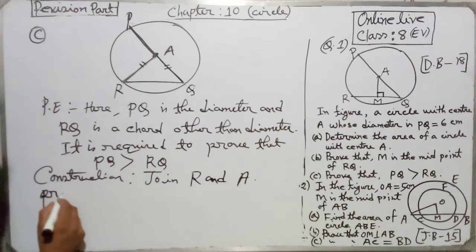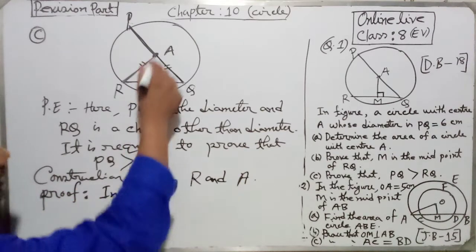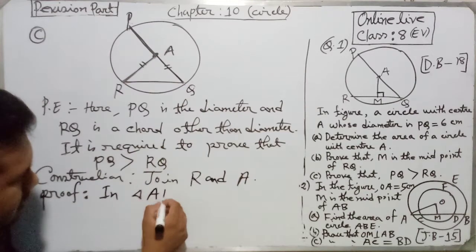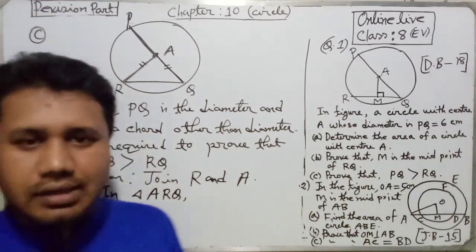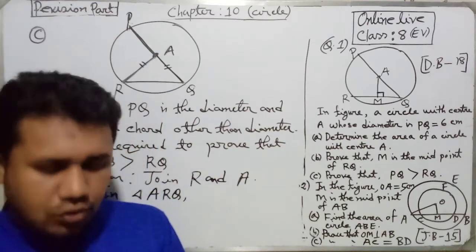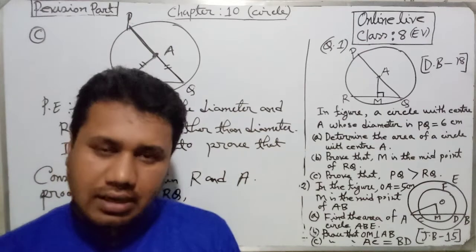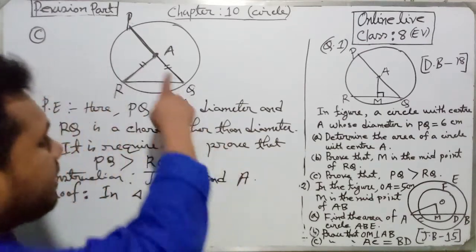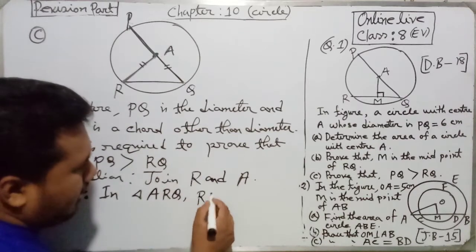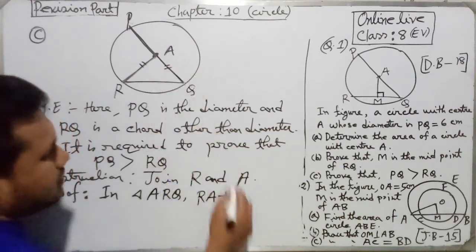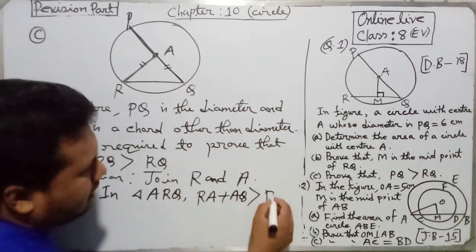Now our proving part. Yes, students, in triangle ARQ, we know in any triangle the sum of any two sides will be greater than the third side. Now this is a triangle ARQ, so here we can write RA plus AQ will be greater than RQ.